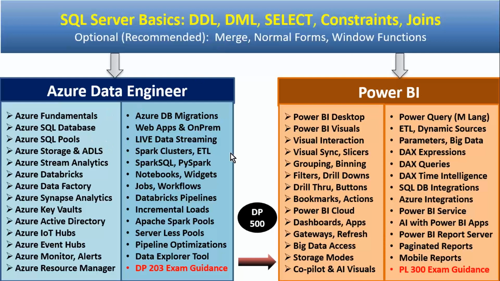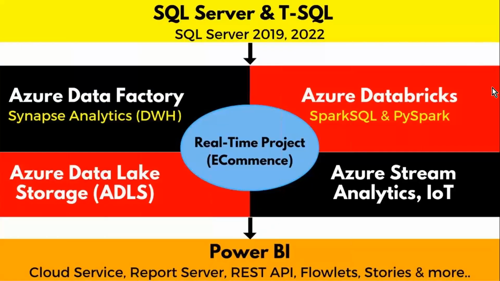And here are the highlights. DP203 Data Engineer Certification, PL300 Power BI Certification, Combo DP500 Certification. Prerequisites: SQL, DML, DDL concepts should be fine. So SQL first, if you are aware of it, please revise it. Then we step into data engineering, our actual 7 weeks program, core data engineering.